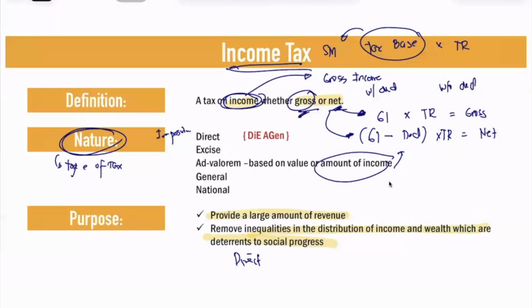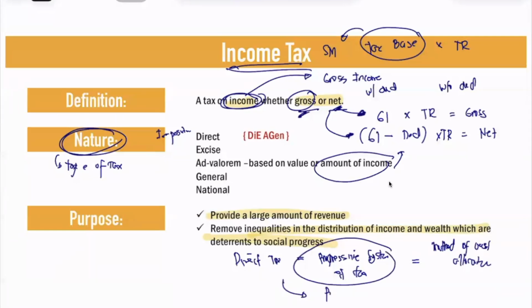So I hope you still remember the concept of a direct tax in consonance with a progressive system of taxation and in consonance with your method of cost allocation. So if that is a direct tax, the system of taxation is progressive.